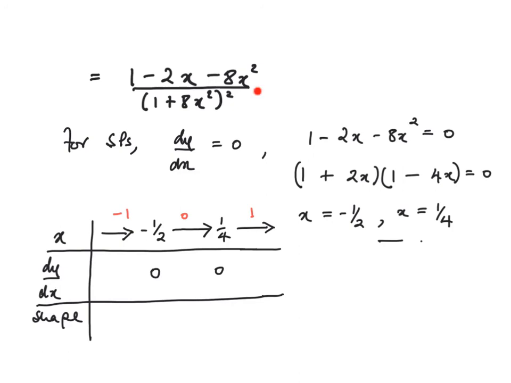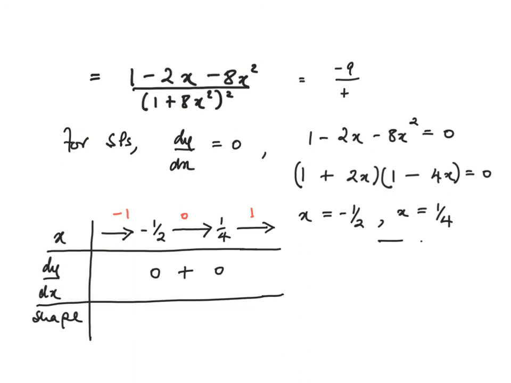Here is dy by dx here. So when x is 0, we have 1, which is positive. When x is 1, what do we have? We have 1 minus 2 minus 8, 1 minus 10 is minus 9, and it must be positive on the bottom line because we have a squared.